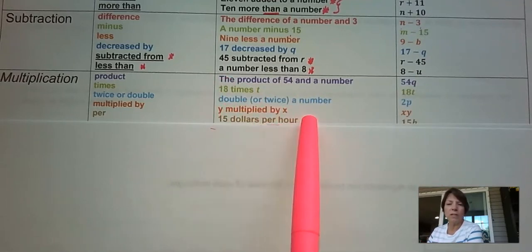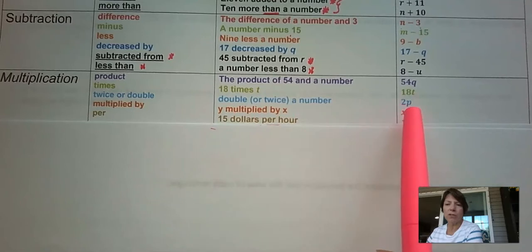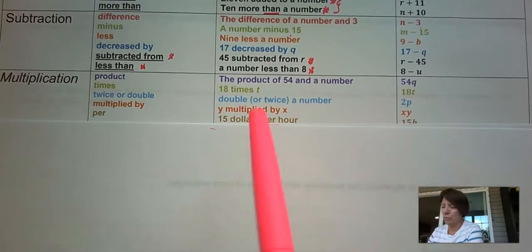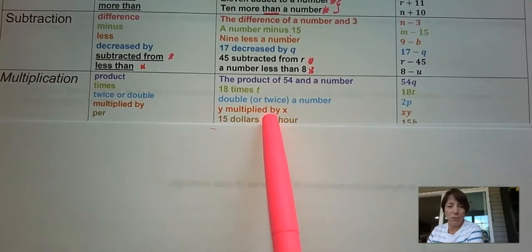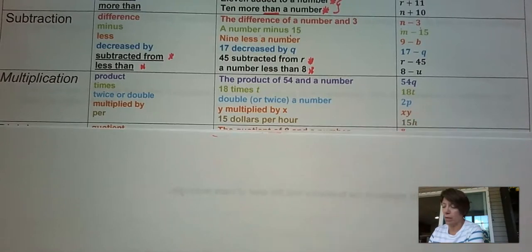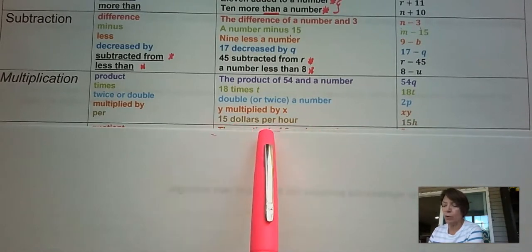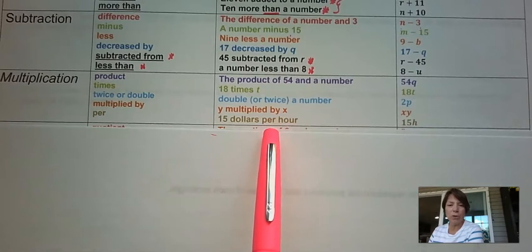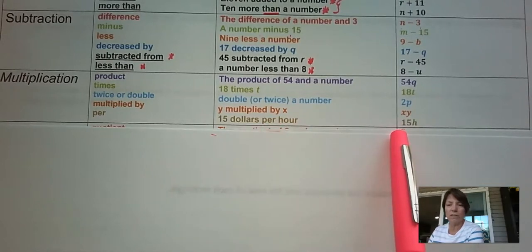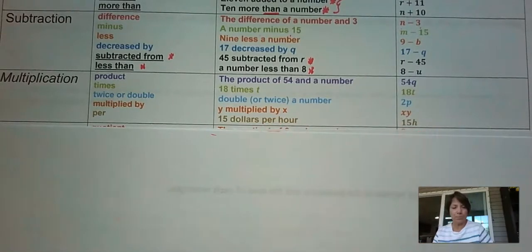Double or twice a number means that we're going to multiply it by 2. I named the number p. You could have named it any variable, so 2p. Y multiplied by x, you can have just two variables in your expression, and so that's xy. And then $15 per hour. Anytime you see that word per, it's going to mean multiply, so that's 15 times h.